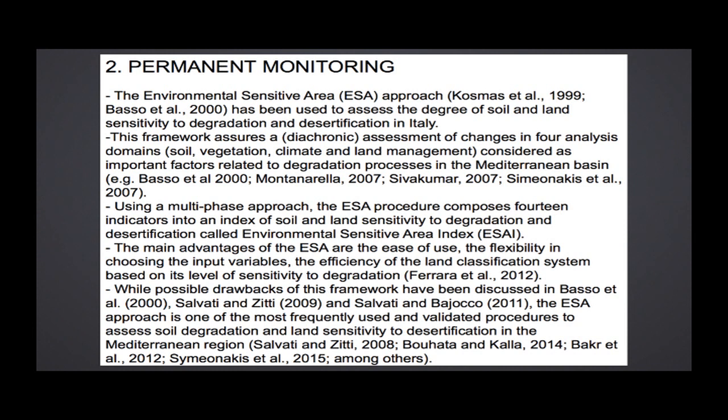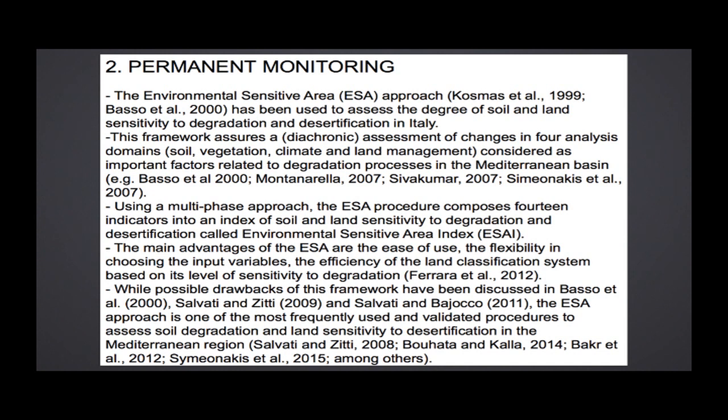In this case, I will use a very simple indicator. Probably some of you know this indicator well. It is the Environmentally Sensitive Area index proposed in the framework of MEDALUS, if I remember correctly, a European project from Kostas Kosmas, University of Athens, and Geoffrey Wilson, University of Plymouth.